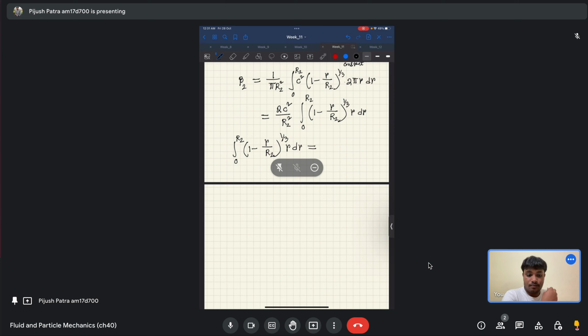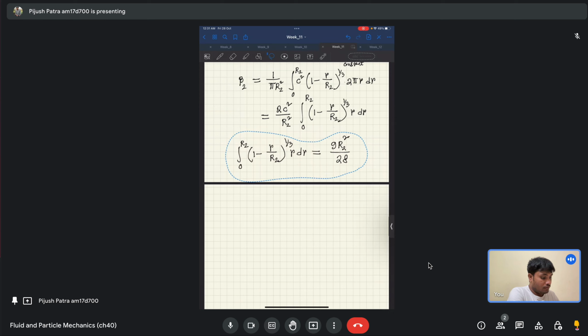So this integral is something around 9 R2 square divided by 28. I guess this is what this integral is all about. Again I will just box it.